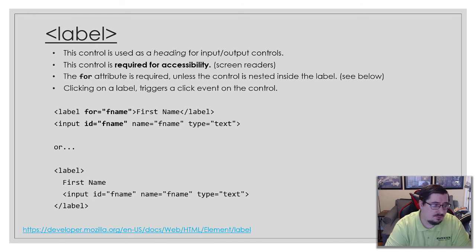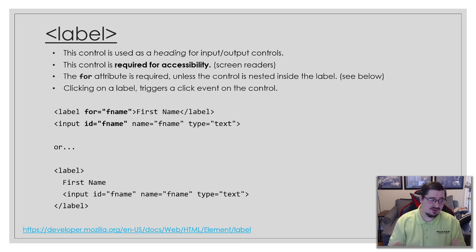One note about labels that a lot of people aren't necessarily aware of, but is actually really important as it turns out for certain things, is if you click on a label, it actually triggers a click event on the control that it's for. So for instance, if I have a label for a checkbox, I can click on the label and that will trigger a click event on the checkbox. Similarly with radio buttons. So that can be a really helpful thing from an accessibility standpoint.